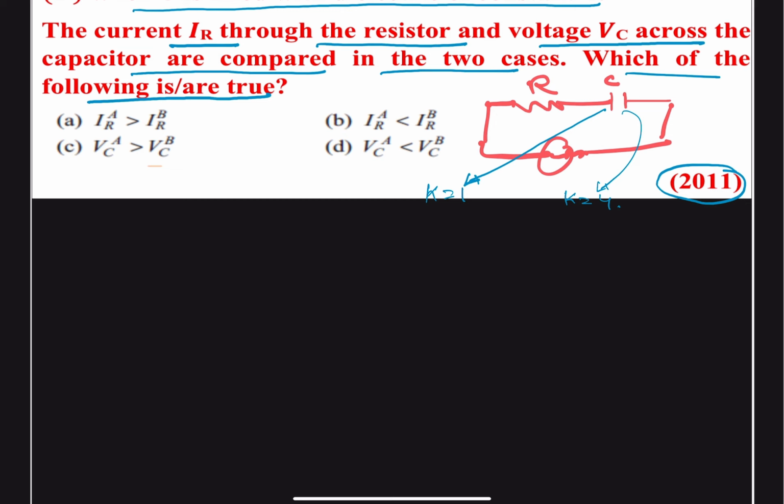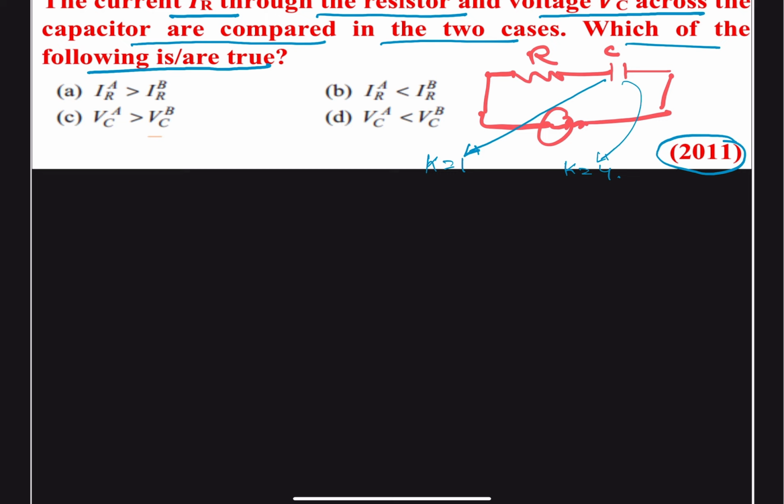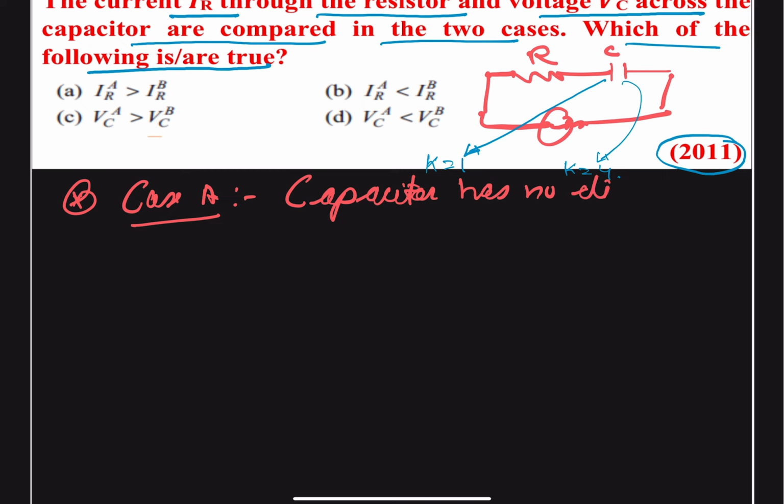And we are supposed to find out the relationship between the current in the two cases, case A and case B, as well as the voltage across the capacitor in case A as well as case B. So we have two cases. In case A, the capacitor has no dielectric, so we can say the value of K is 1.